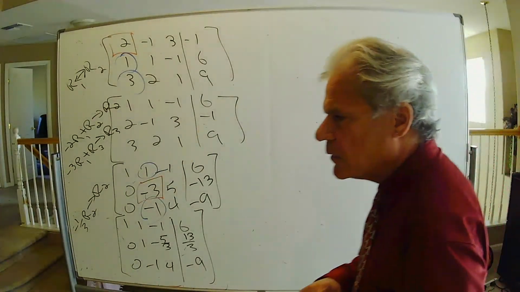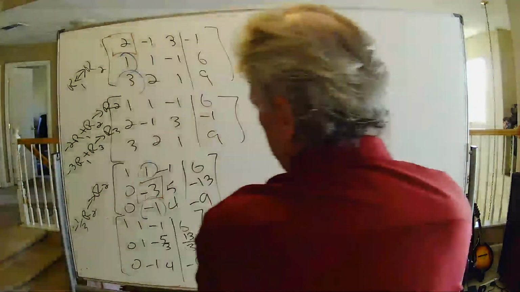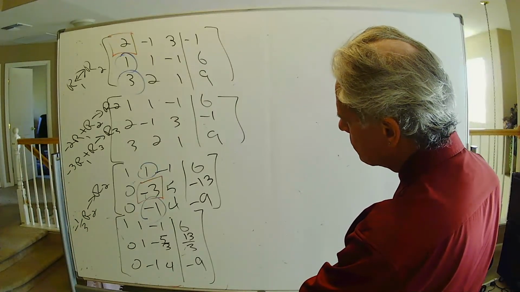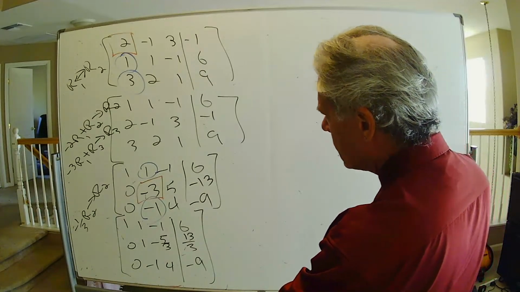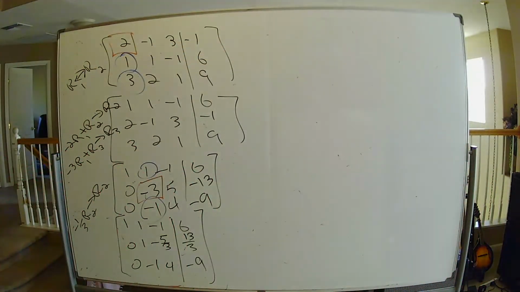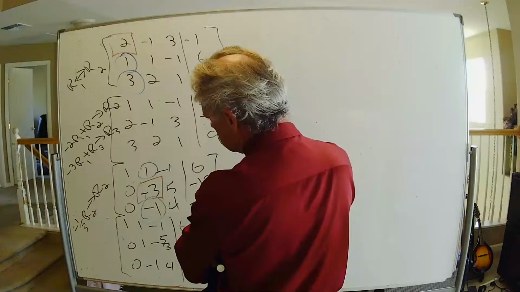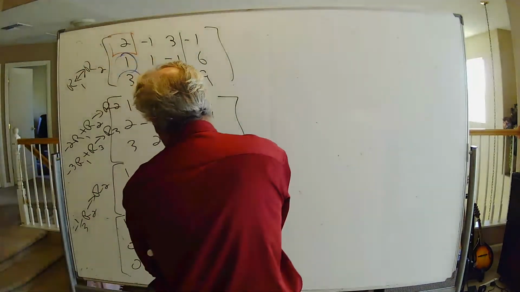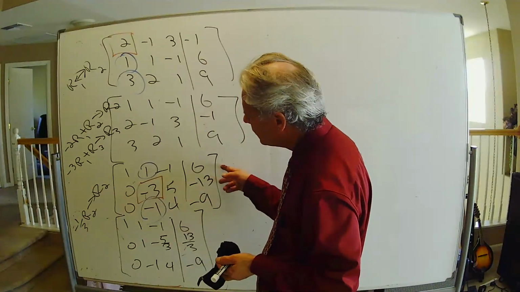Now, next on my list, hold that thought, let me just double check my arithmetic. So next on my list, everybody, I'm sorry, I'm stalling. I'm only stalling because I'm noticing if I take negative 1/3 times the second row, I'm just creating more fractions.